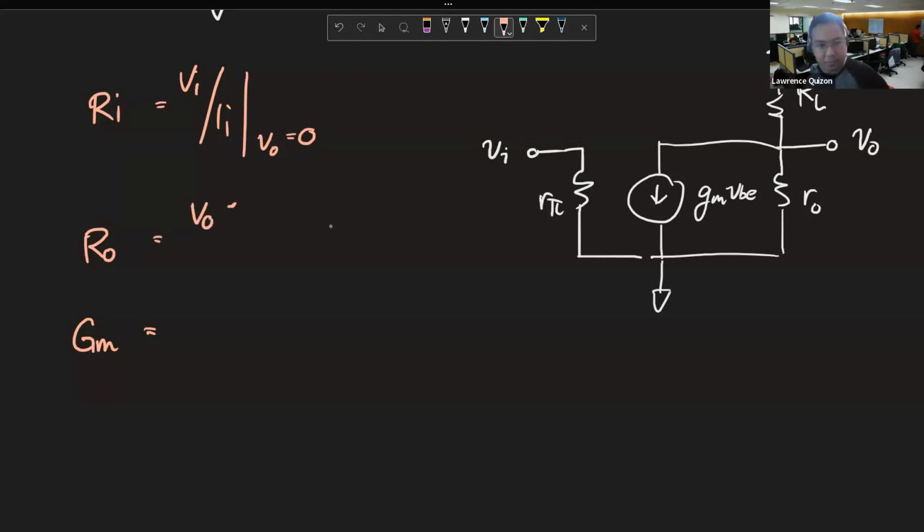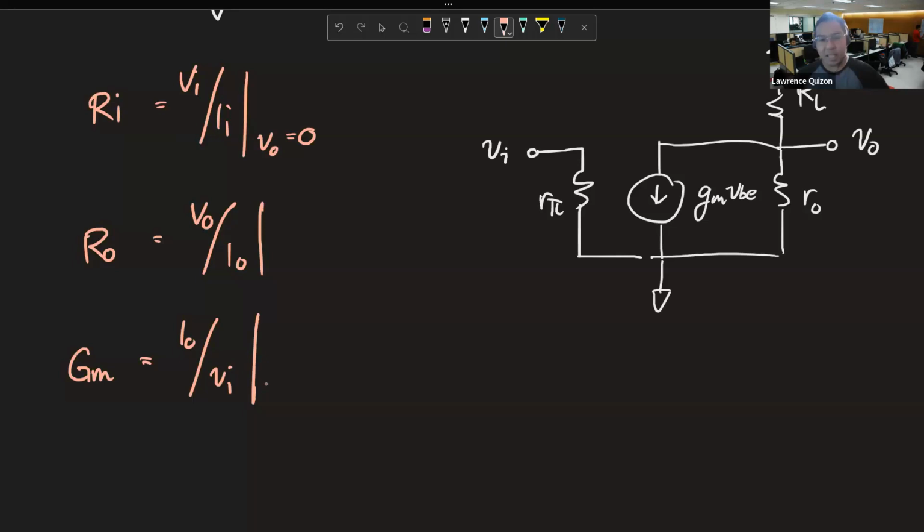So, for the others, no? V out over I out, no? And I out over V in, yung formulas. Kaso, may conditions tayo, no? So, can anyone tell me the conditions for R out and GM?